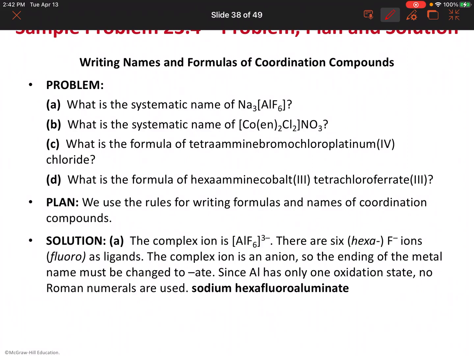Okay, sodium is a simple cation, and this part is the anion, right? So what are the ligands we have? We have fluoride, but as a ligand it would be fluoro. There are 6 fluoro groups. For 6 the prefix would be hexa, so it would be hexafluoro.